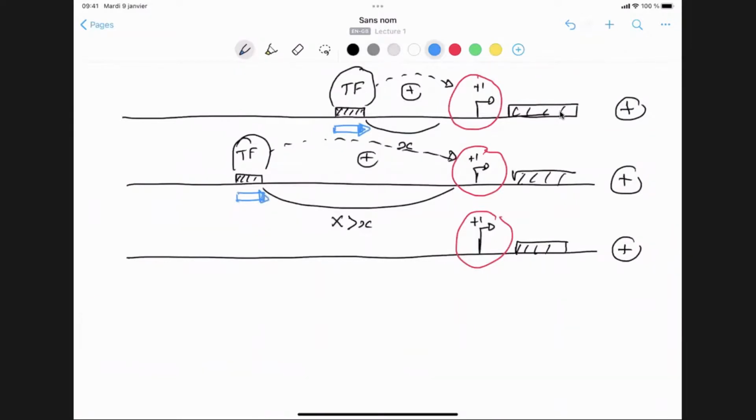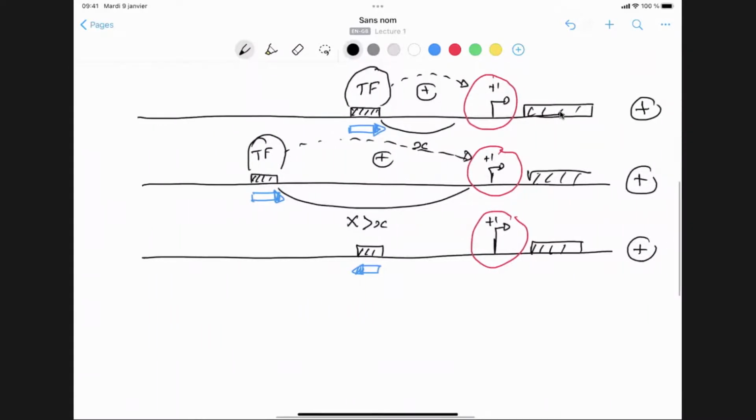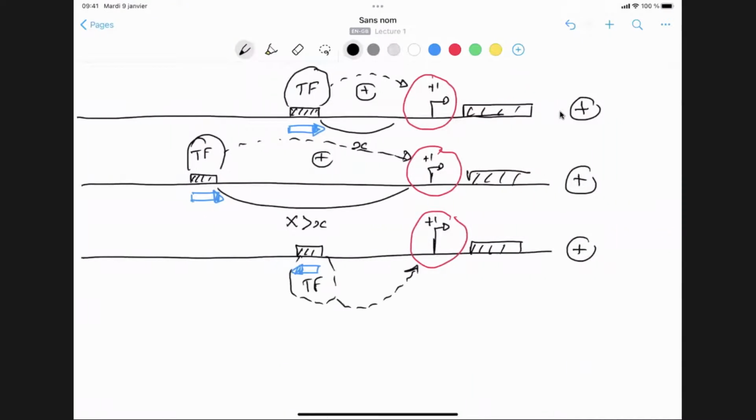We can have this situation, where the cis regulatory sequence is exactly at the same place as in the first case, but the orientation is the other way around. It's not a problem because the transcription factor can bind, and because it is close, it can still activate. So you can have this kind of situation.